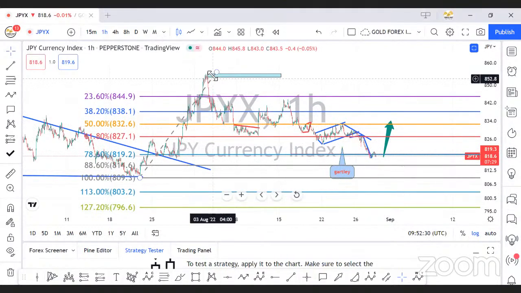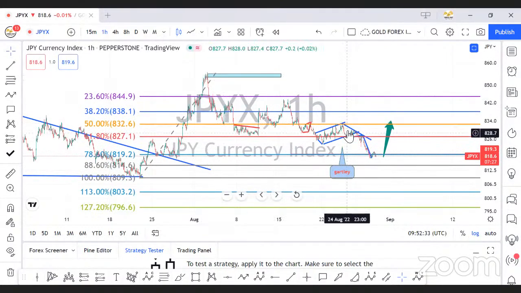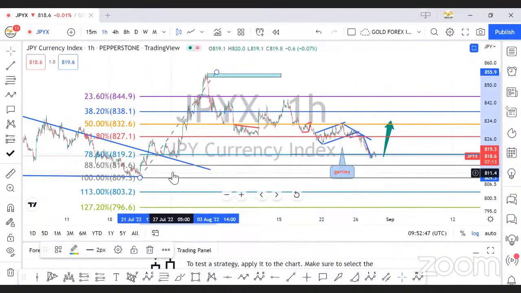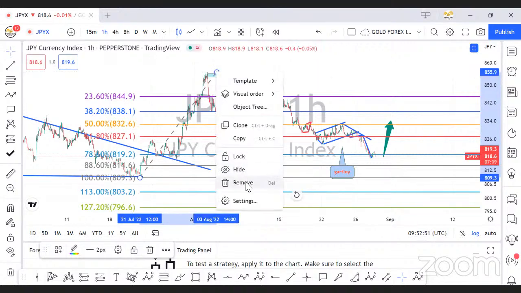If the buy should hold for the Japanese yen, then XSS JPY is going to sell, for Euro JPY, Pound JPY, and the rest. So let's hold and see what will happen from that angle.